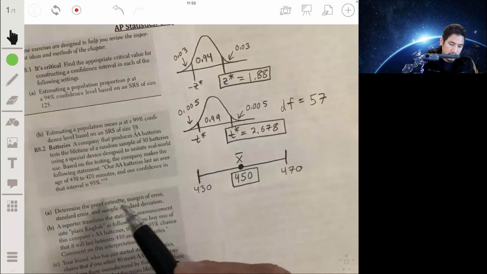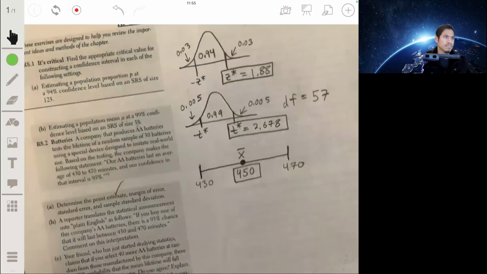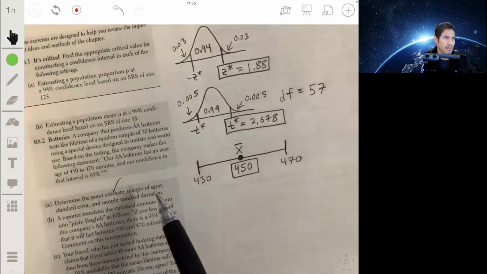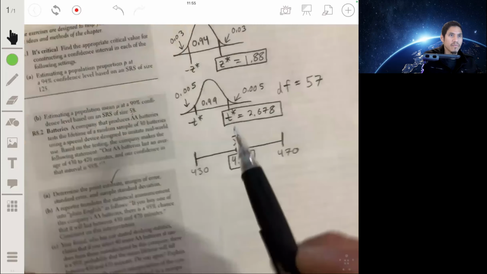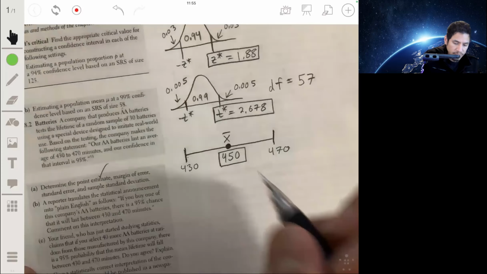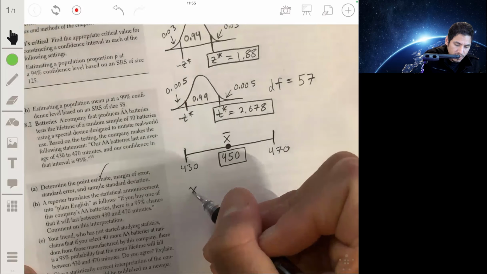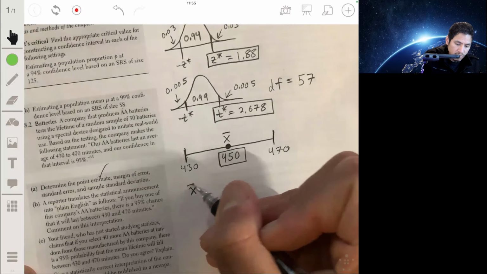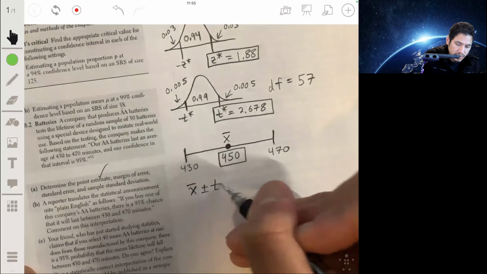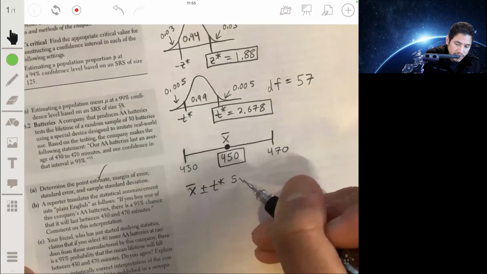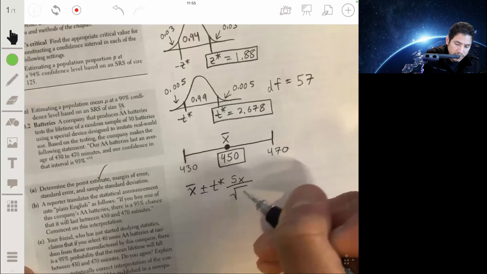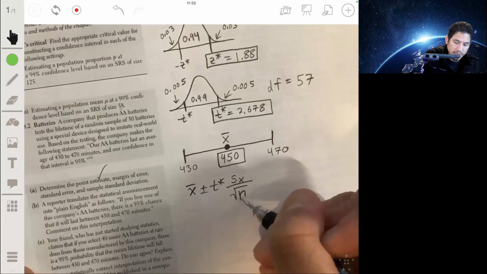Now, let's look at how we figure out margin of error, standard error, and sample standard deviation by looking at the formula for the confidence interval for a sample mean. Our confidence interval will be x bar plus or minus t star times the sample standard deviation over the square root of our sample size.